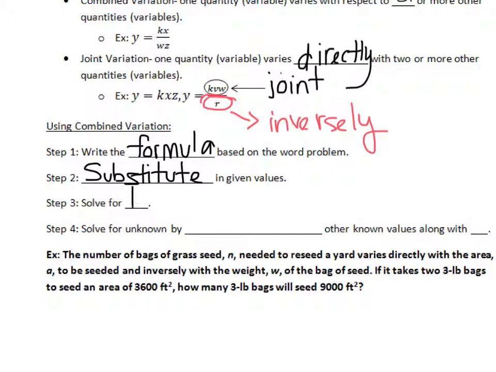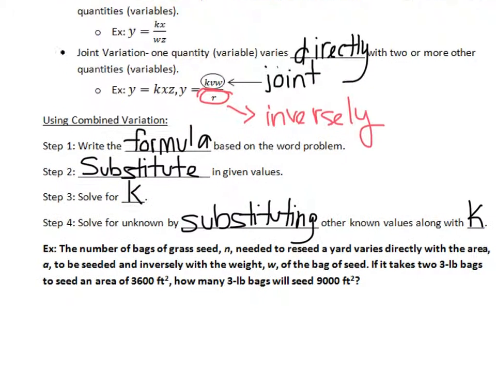And the first thing we're going to solve for is k, just like we did with inverse on the front side, where you had to find k first before you could do anything else. That still applies no matter what type of variation is going on. And then we're going to solve for the unknown by substituting other known values along with the k that we just found. So it's exactly what we did on the front page, except we're going to have more variables here.